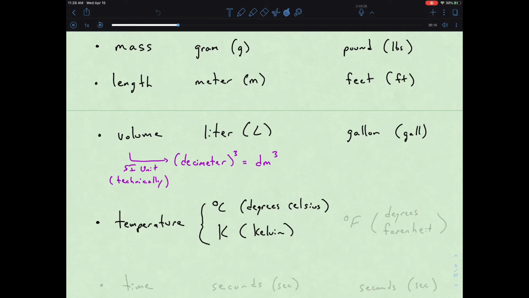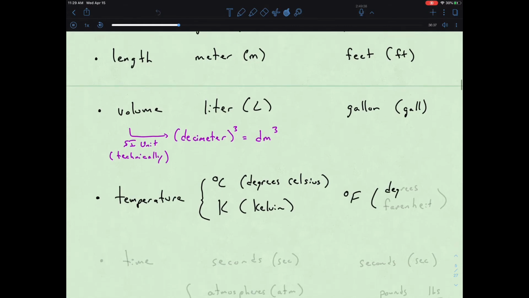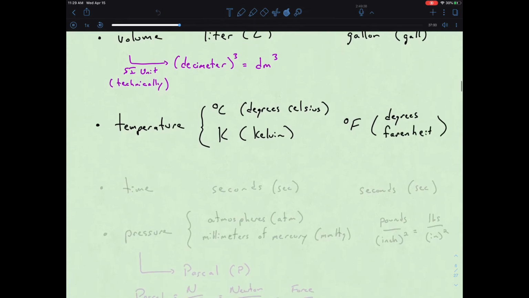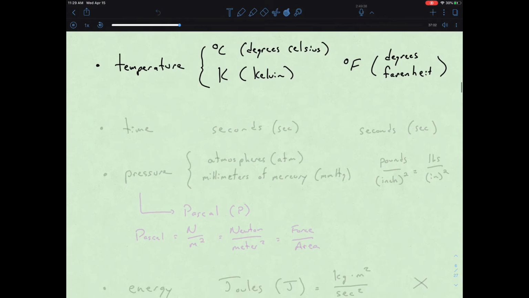And in terms of the American, that's related to the notion of degrees Fahrenheit. So there's our temperature.